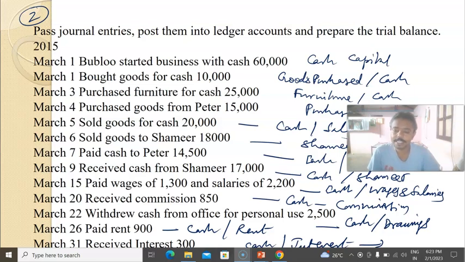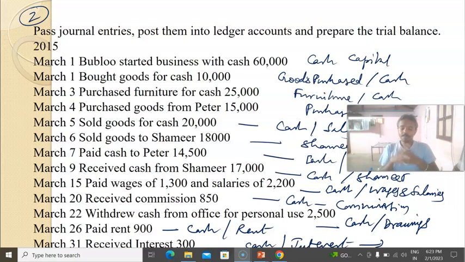The last transaction, March 31, received interest rupees 300. Received interest is an income. So we have two accounts now, interest account and cash account. As soon as we receive the interest, what happens? Cash account is a real account, debit what comes in. When you receive interest, cash is coming in. So debit what comes in.